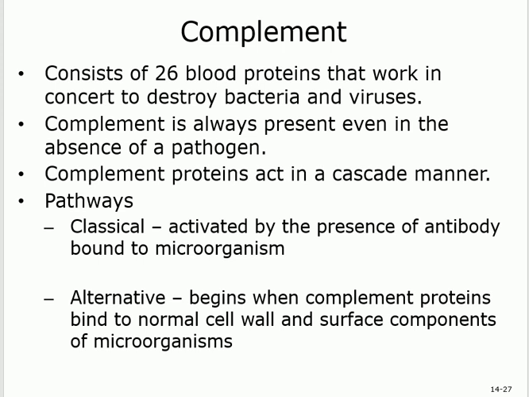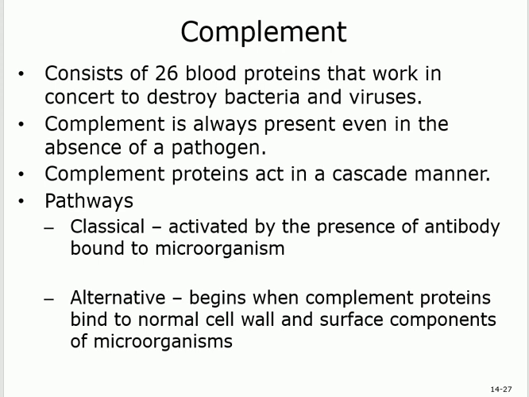Meaning, there is a microorganism inside our blood. You produce antibodies, and the antibodies attach to the microorganism. This is going to activate the complement that's already there. Clear? This is the normal pathway or the classical pathway.